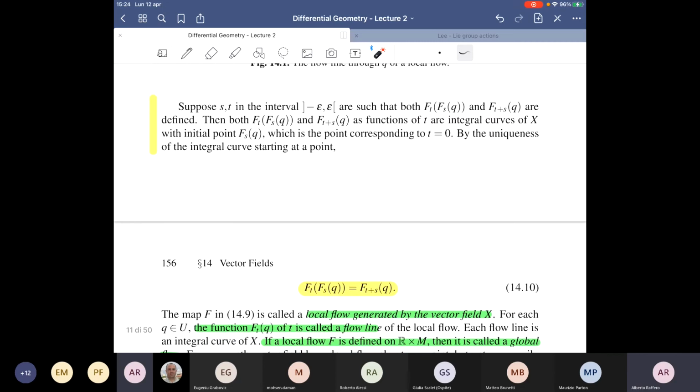And as you can see, we obtained a generalization of what we saw before.